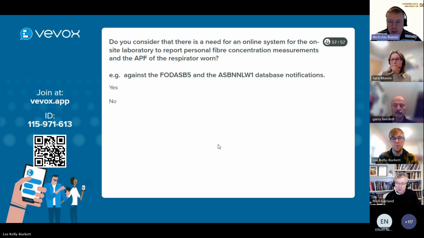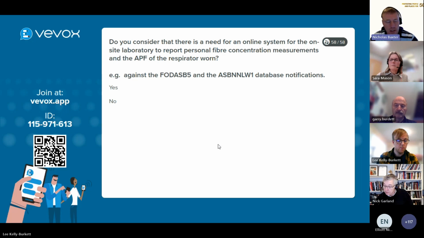Sure. In terms of RPE and having a beard, it's the employer's responsibility to provide the right level of protection for the wearer, to reduce the exposure to below the exposure limits. They need to carry out a risk assessment to select the right type of RPE. There's a whole range of different things that you can select. If it's tight fitting, then according to the manufacturer, HSE guidance and the standards, the wearer should be clean shaven.